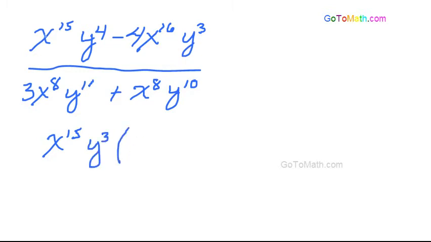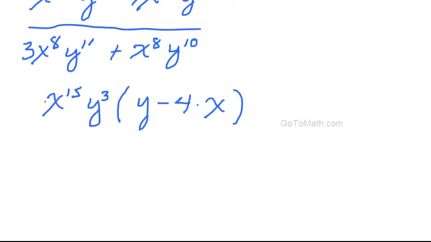Okay, start parentheses. So we pulled out all 15 in there. We pulled out a y to the 3rd, so we're just going to be left with one y. And then we got a 4 here. And we pulled out 15 of the x's. There's 16 here, so we're going to be left with one of them. Alright, so far so good. Let's take a look at the denominator.